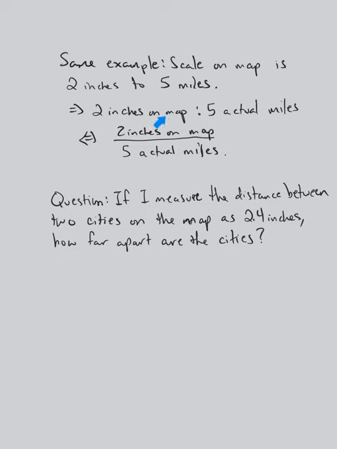It just depends on how much you can remember or how much you're liable to forget, about how much detail you want. You could just say 2 inches colon 5 miles if you can remember that the inches corresponds to the map and the miles corresponds to the actual distance. But that's up to you. And what we'll see is once we do some math, we'll just use the 2 and the 5.